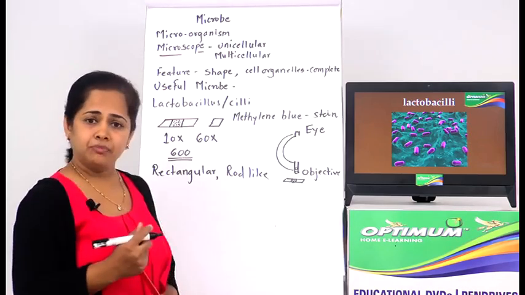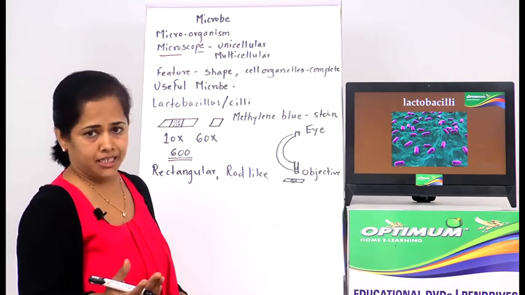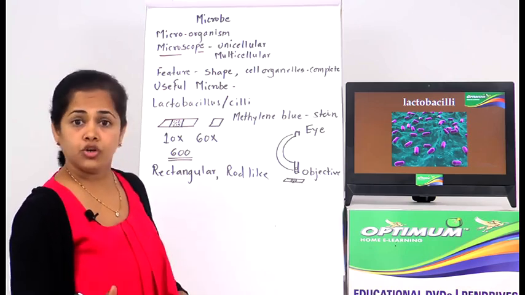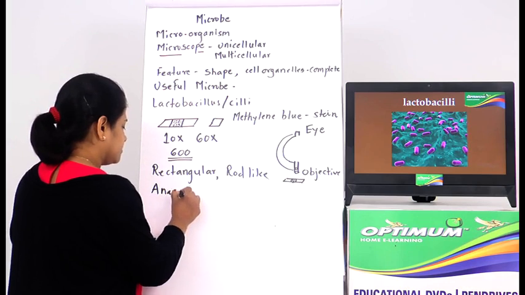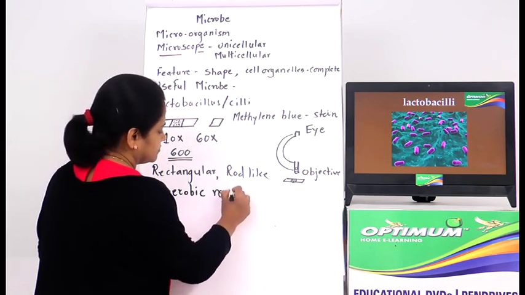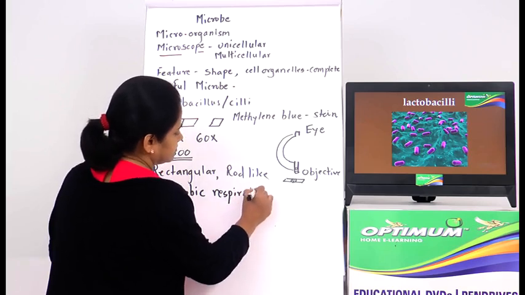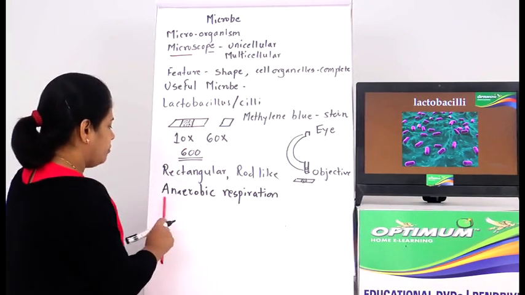So you know that respiration, when you use oxygen, you call it aerobic respiration. But when you don't use oxygen, then it is called anaerobic respiration.